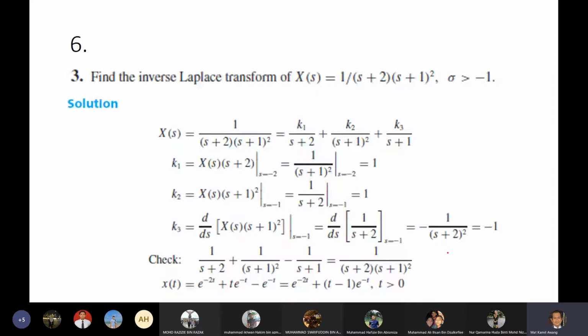So first, you have to decompose this equation into this form. You have to find K1, K2, and K3. So this is how you do it. This is why you have to study your math. So now from there, you got this.